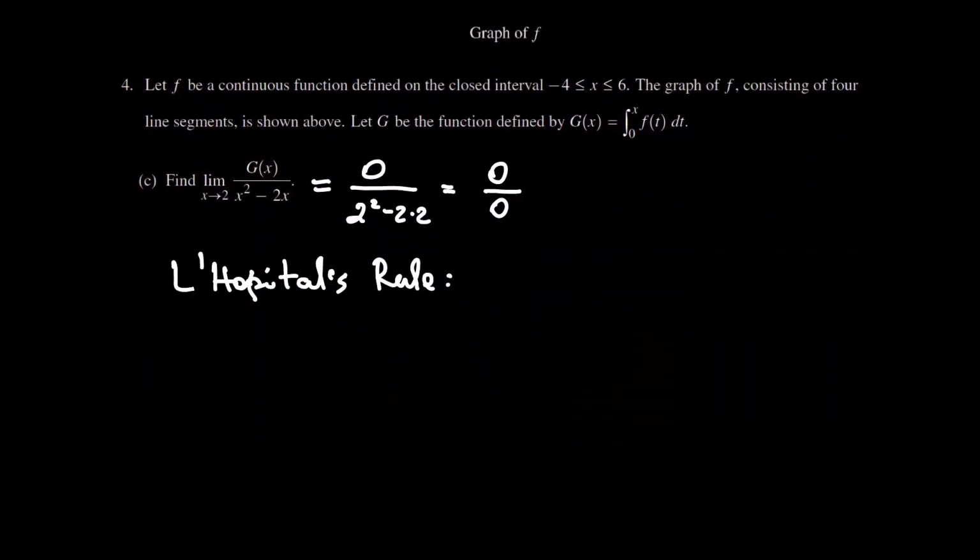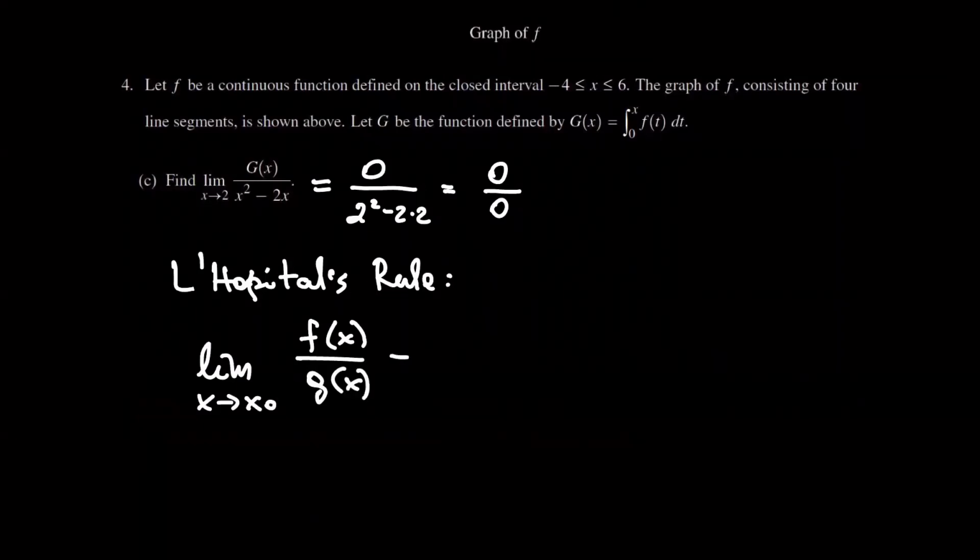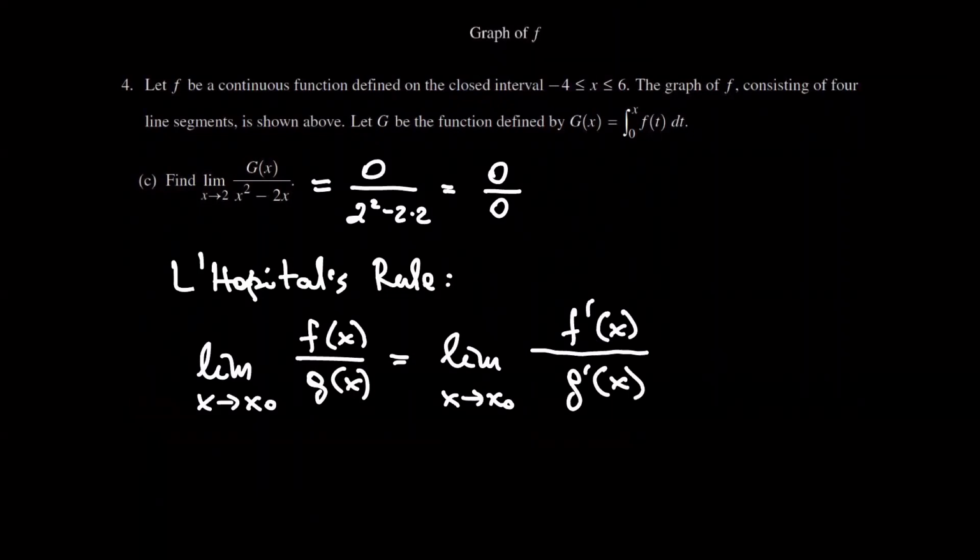When we have the indeterminate limit like that, 0 over 0, then the limit as x goes to x0 of f of x over g of x is equal to the limit as x goes to x0 of the derivatives: we just differentiate the numerator, f prime of x, and g prime of x in the denominator.